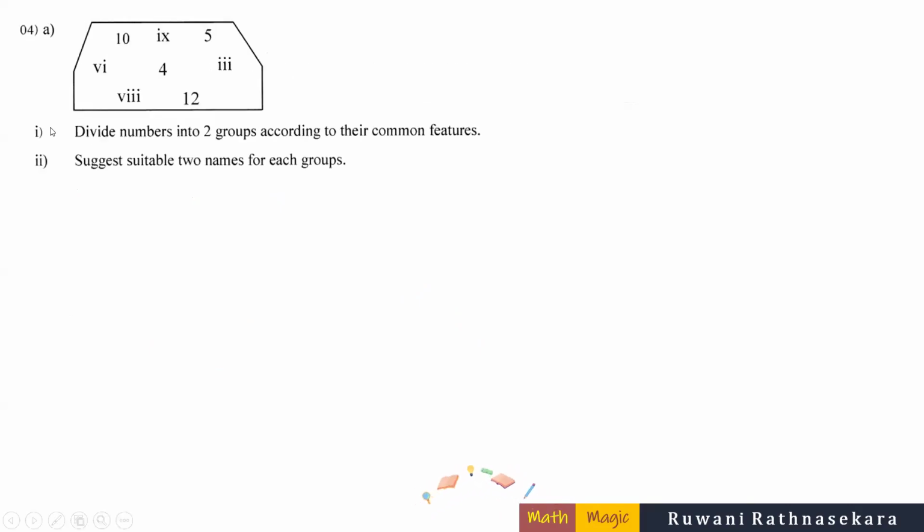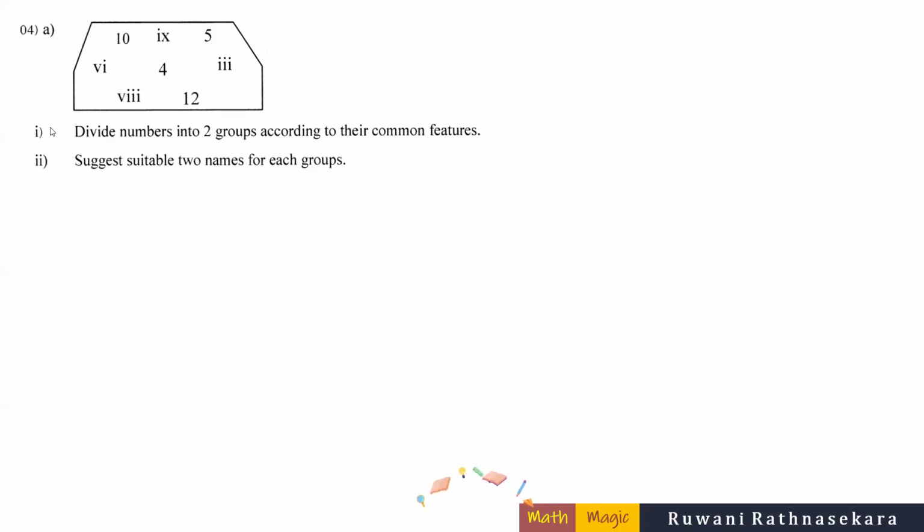All right. But I am not discussing all questions of this second term paper. Length and liquid measurements are familiar to you, but I'm going to take this time beneficially to revise the lessons that we have done so far, right? Okay. Accordingly, this is the fourth question of the second part of this paper.